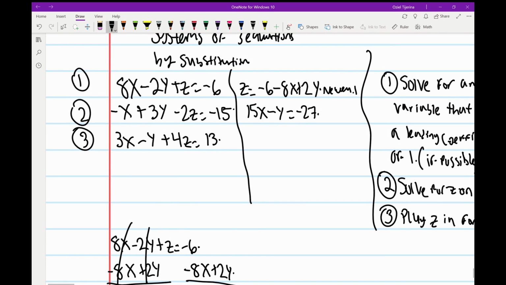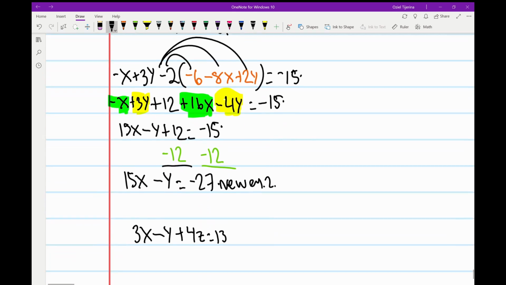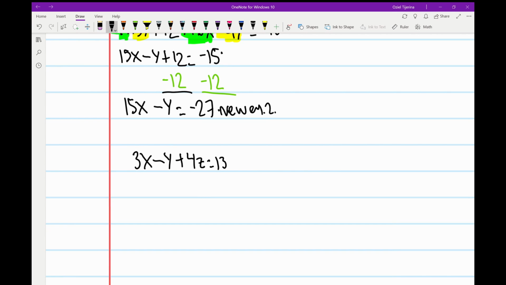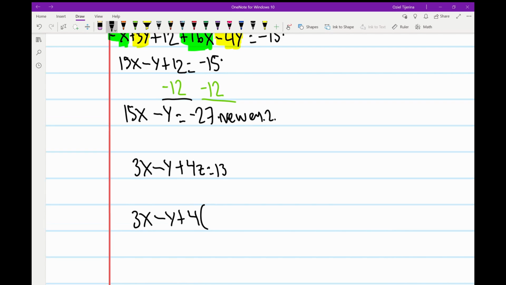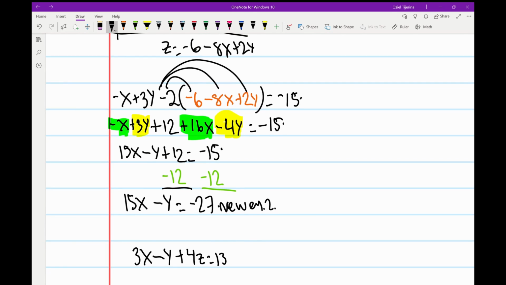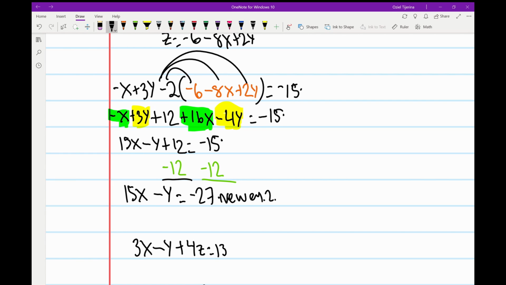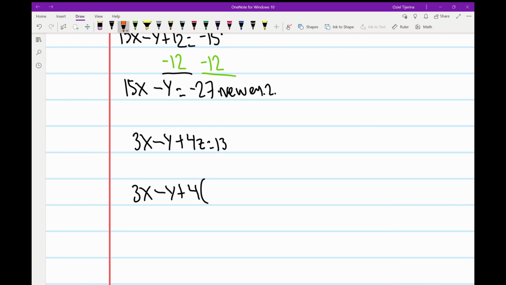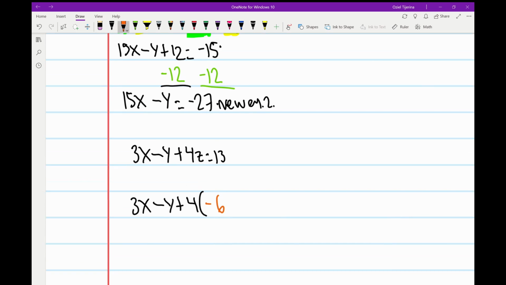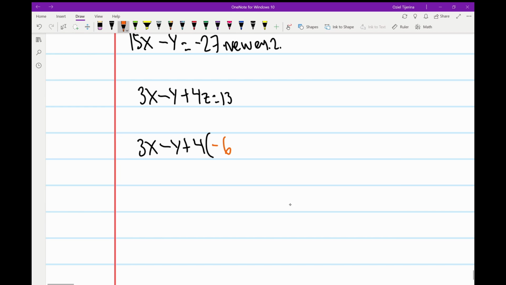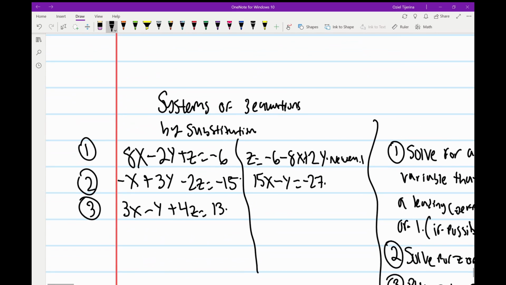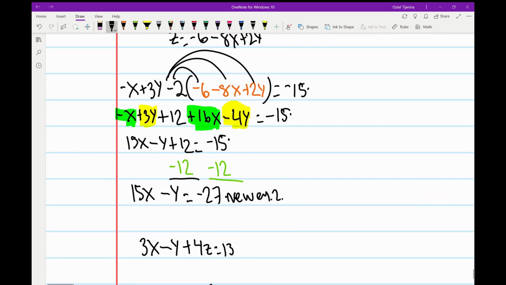Okay. So we're going to put 3x minus y plus 4 times a quantity negative 6 minus 8x plus 2y, minus 8x plus 2y is equal to 13.